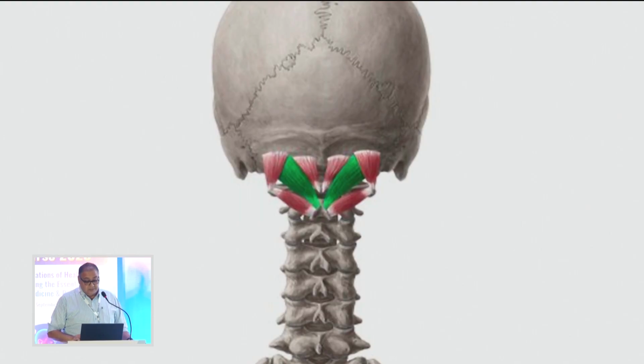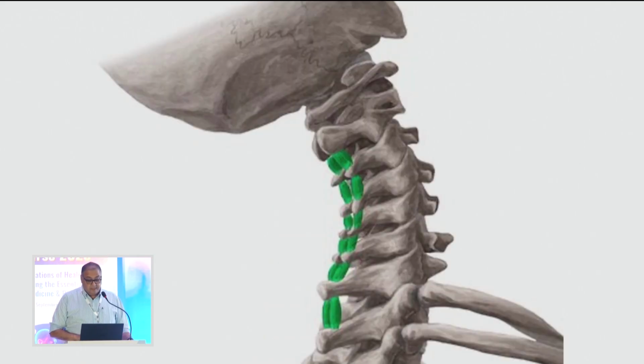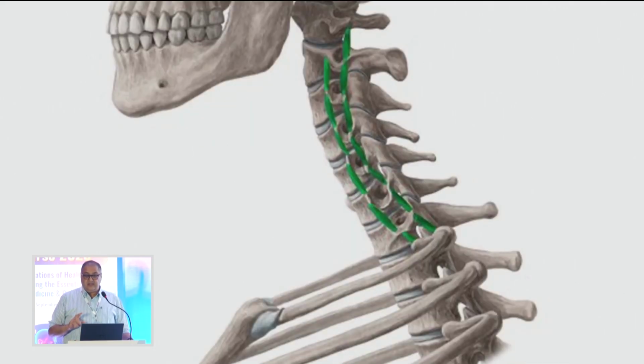The muscles are rectus capitis posterior major, rectus capitis posterior minor, obliquus capitis inferior, and connected above is the superior. Then we have 2 more muscles: interspinalis cervicis, and intertransversarii colli, which runs through the anterior and the posterior tubercle.